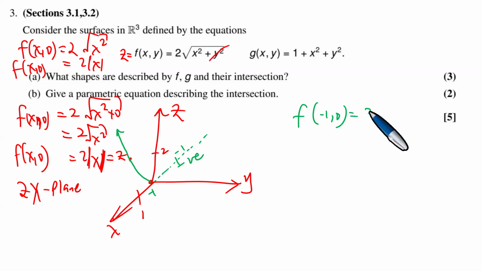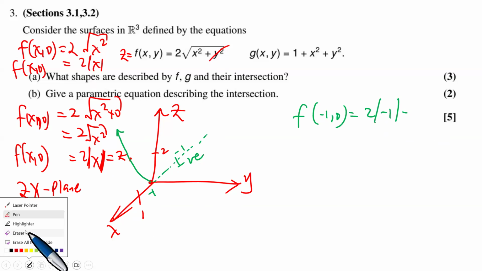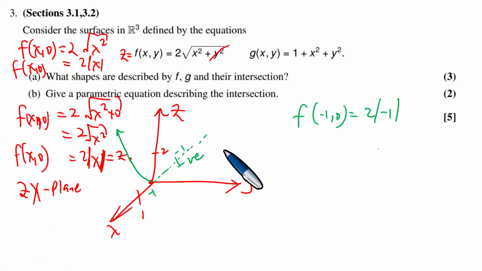So this is 2 times the absolute value of -1. At this point, this is exactly 2. So -1 then produces a 2, and you also have this. If x is 1, what is z?